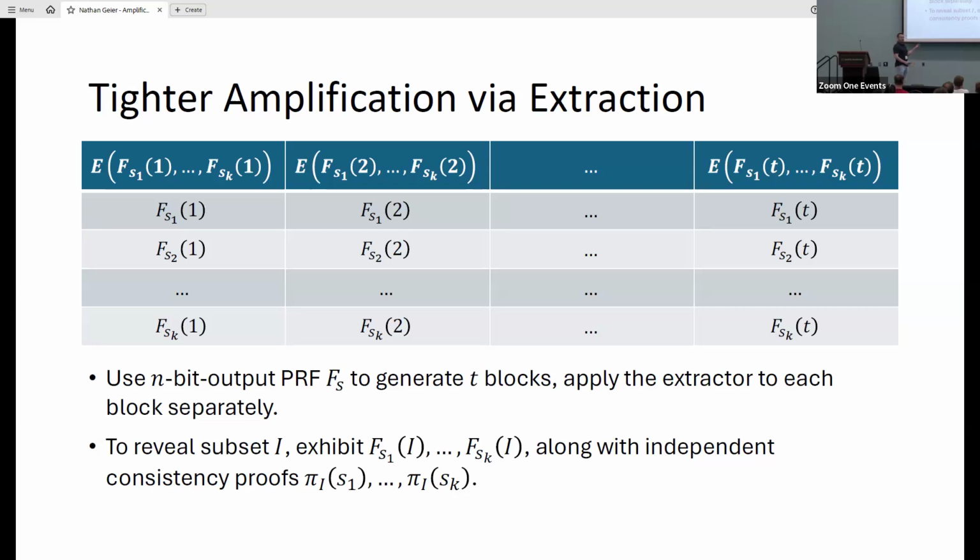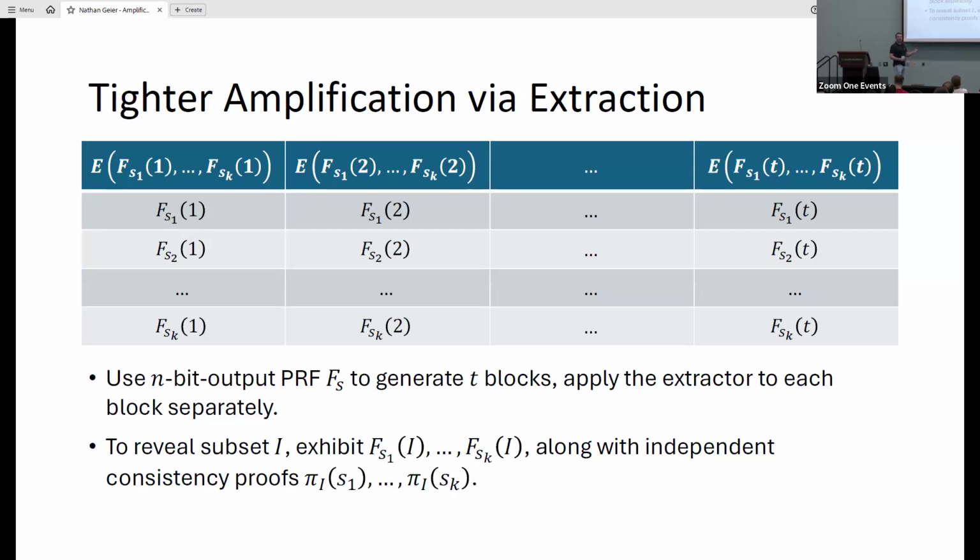In this slide, I'm going to switch from a PRG to a PRF with n output bits, but this is mostly done for the sake of notational ease. You can still use a PRG and divide its output into blocks. I just think that the PRF is more convenient to think about here. So we're going to have this table with k rows corresponding to k independent seeds and t columns corresponding to the number of hidden bits.